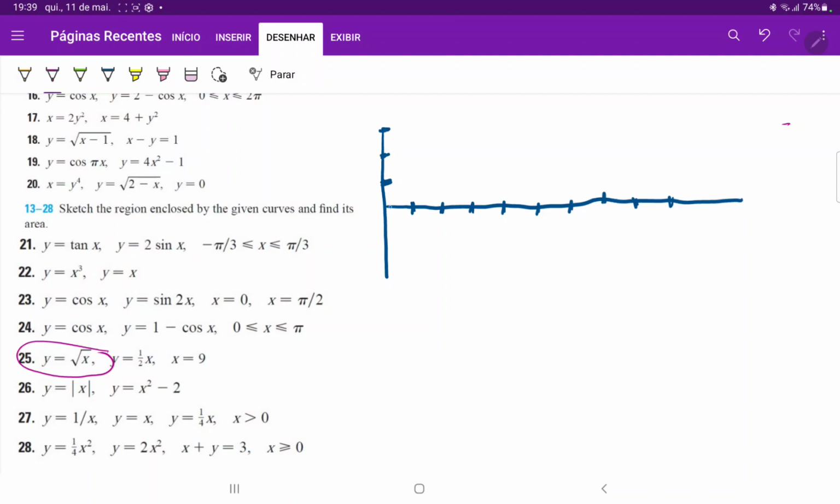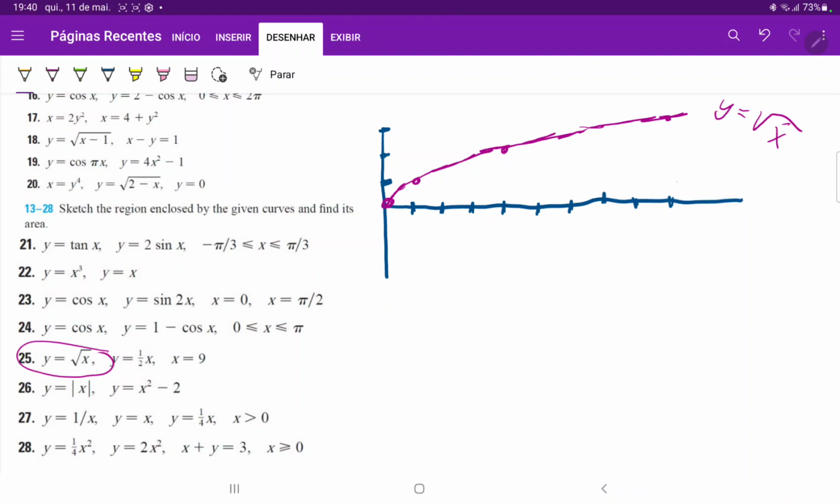So for our first curve, it goes (0, 0), (1, 1), (4, 2), and then (9, 3). So it is a curve that goes something like so. This is y is equal to square root of x.